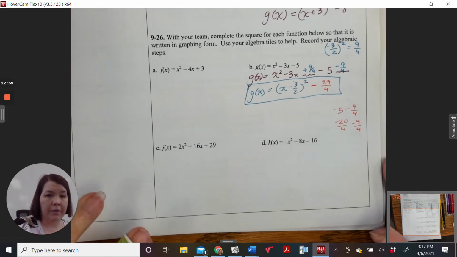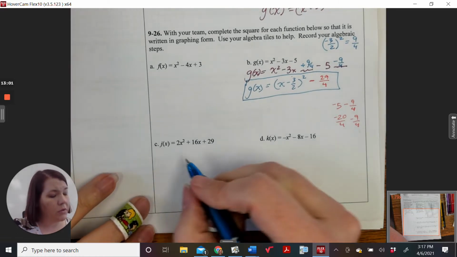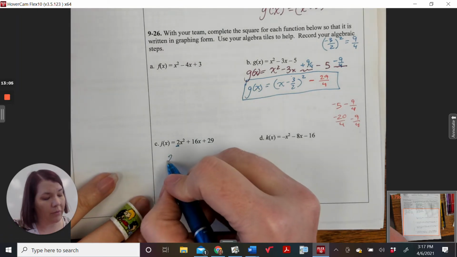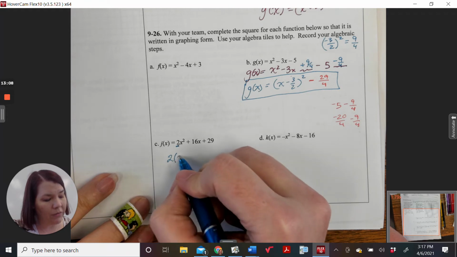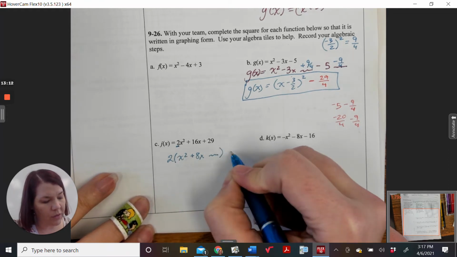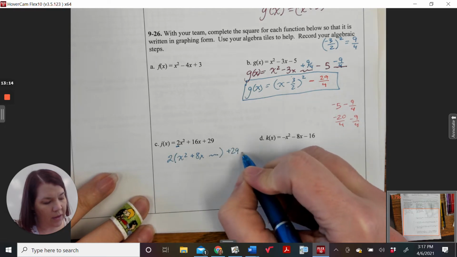All right, part C. So to deal with part C, I can't have any number but 1 in front. So I'm going to go ahead and pull out 2, but only from the first 2 terms. Then I'll have squiggle plus 29 and squiggle.